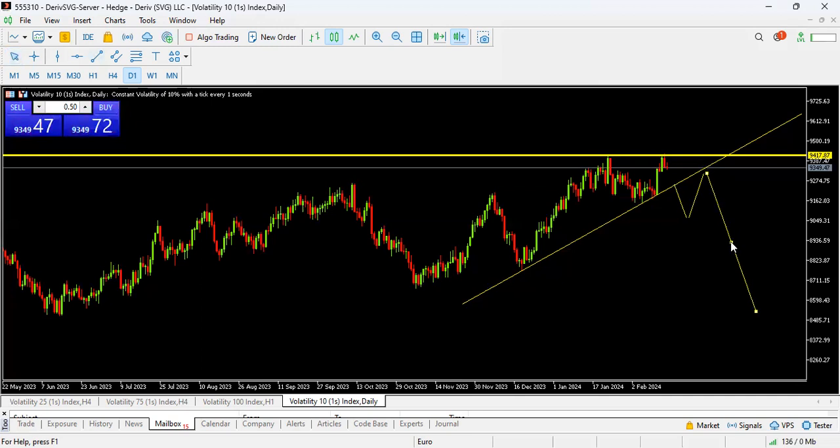If you see a breakout like this, especially on higher time frames like 4 hours, daily, that means that this market is going to be going to the downside. So let's watch out for this market to break out of this trend line before we conclude, because there is a very strong push here, and this is on a trend line.